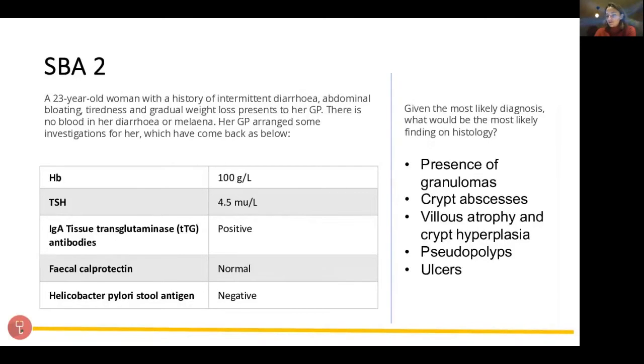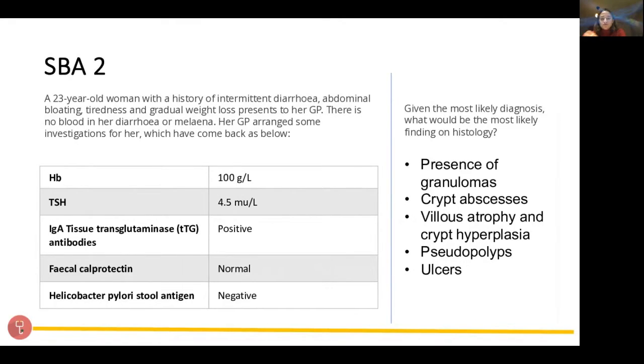So a 23-year-old woman with a history of intermittent diarrhea, abdominal bloating, tiredness, and gradual weight loss presents to her GP. There's no blood in her diarrhea or melena. Her GP arranged some investigations for her, which have come back as below. So we've got a hemoglobin, a TSH, an IgA TTG, a fecal calprotectin, and a stool antigen for Helicobacter pylori.